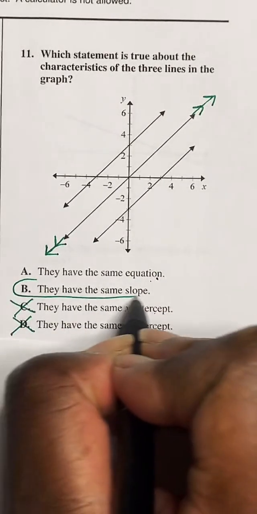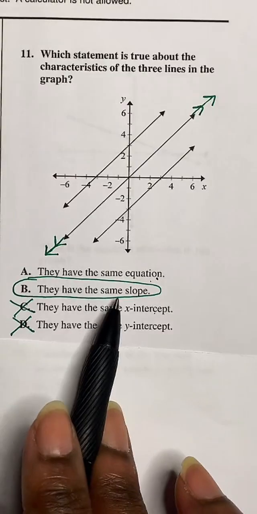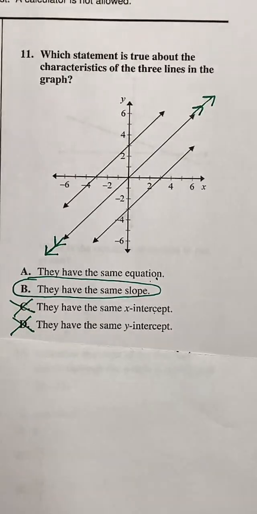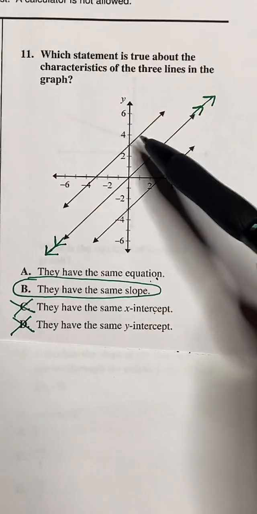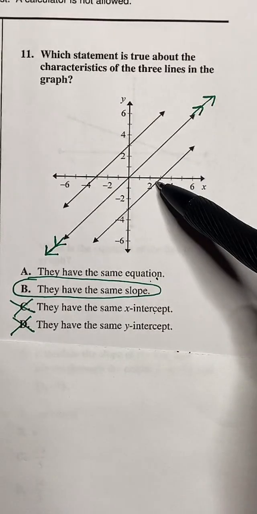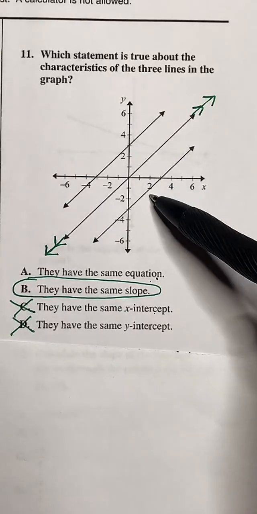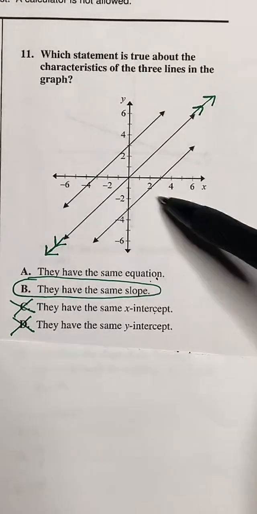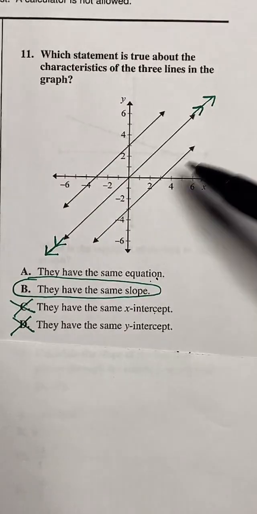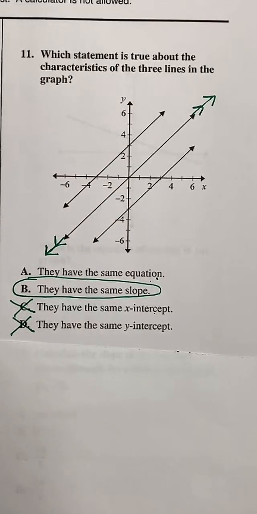So parallel lines that don't intersect, they have the same slope. Okay? From left to right, line 1, line 2, and line 3, all 3 of them have the same slope. They're all going positive from left to right. They're all increasing. So they all have the same slope.